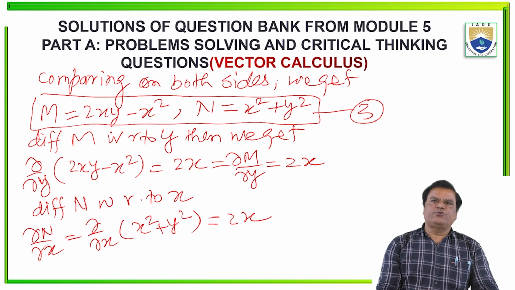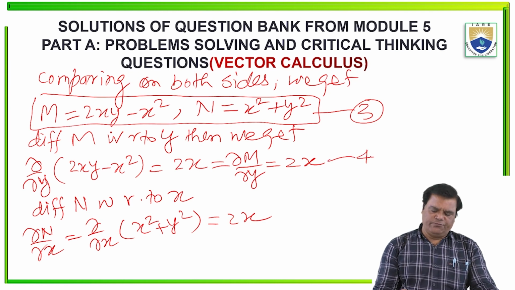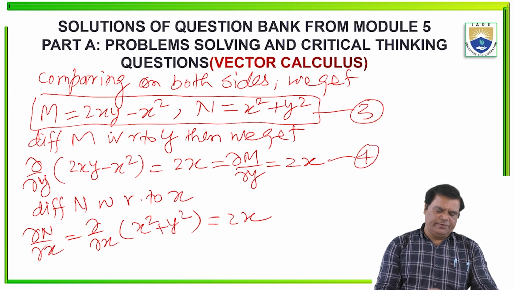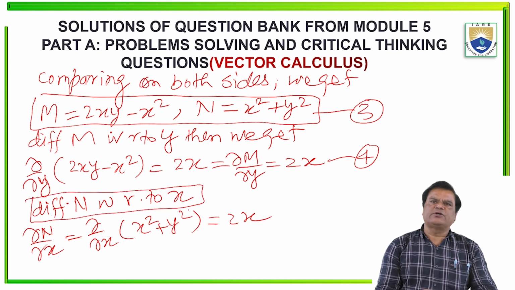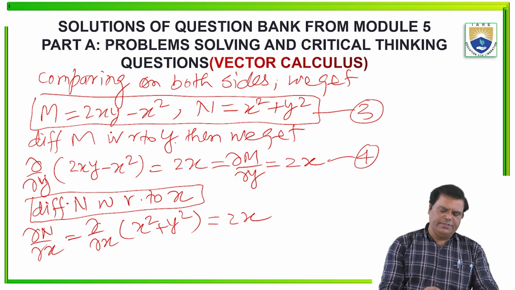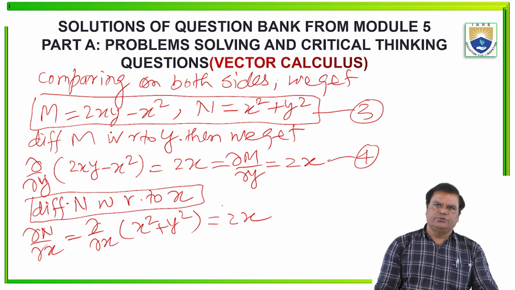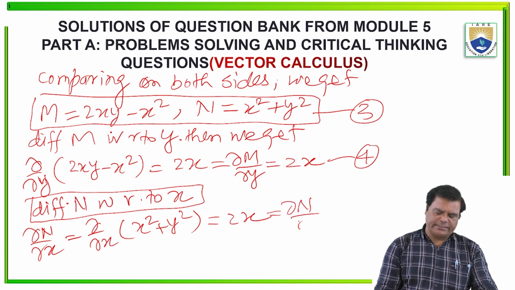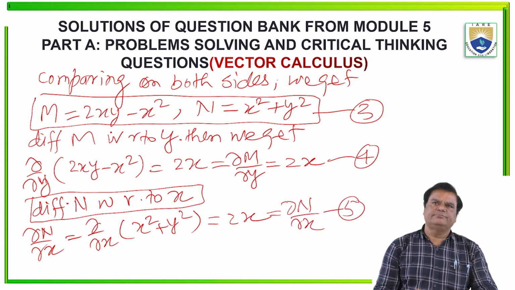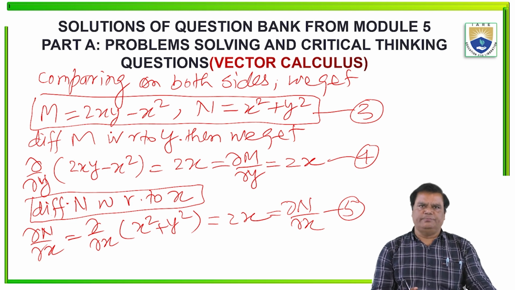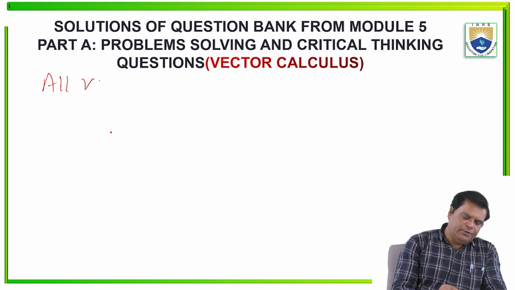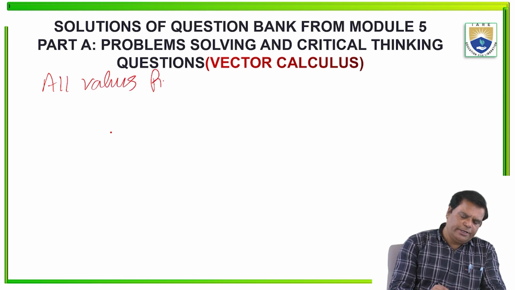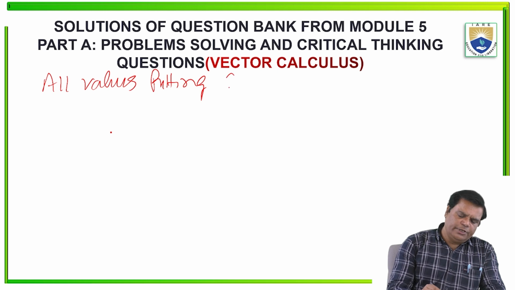Differentiating M with respect to y gives equation 4, and differentiating N with respect to x gives equation 5. Now putting all values in Green's theorem.